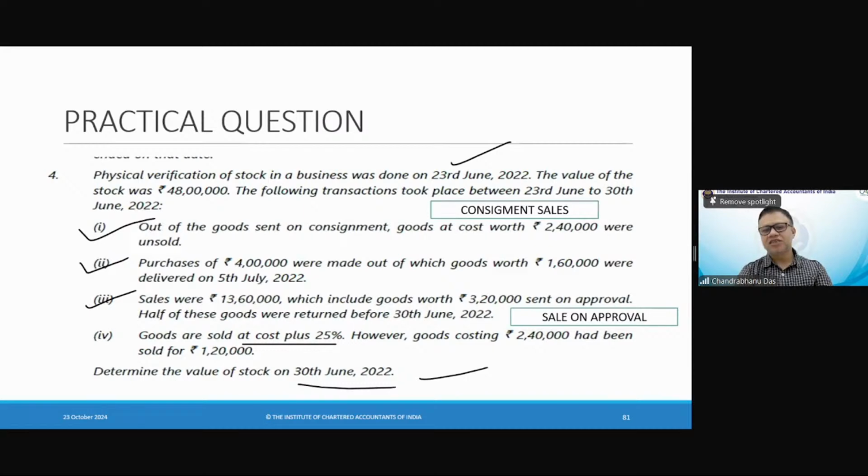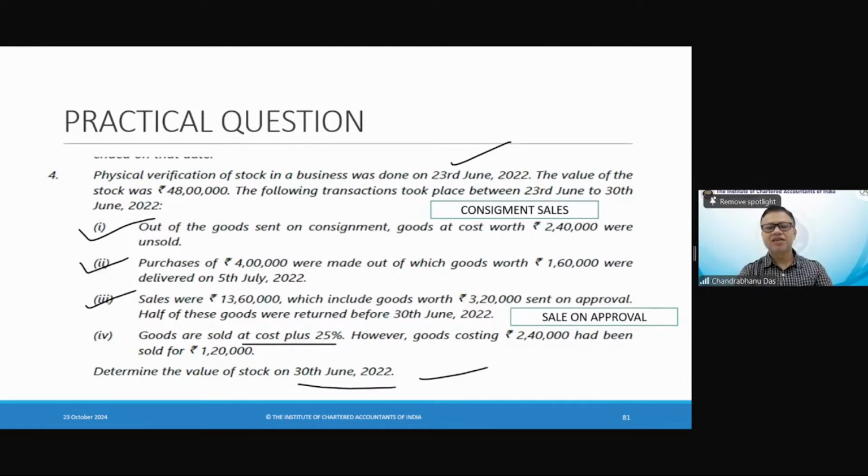These goods worth 3,20,000 were sent for approval, and half of these goods were returned before 30th June. Out of 3,20,000, you didn't get 3,20,000. Half returned means 3,20,000 by 2 is returned to the premises.